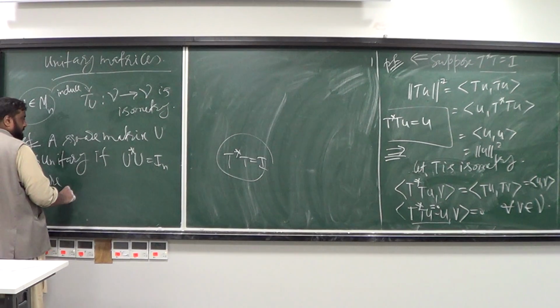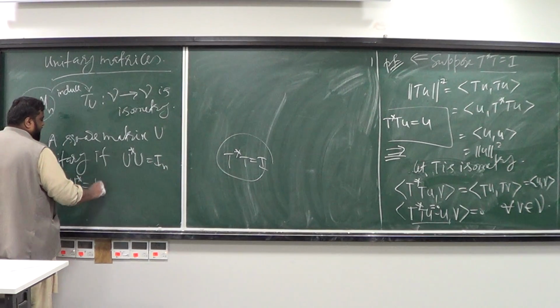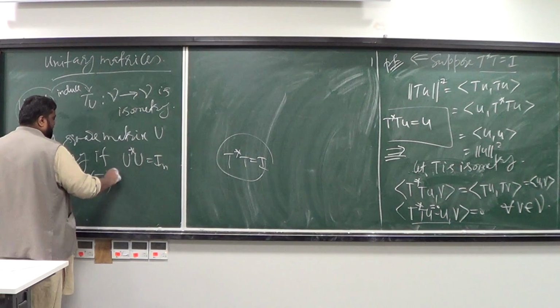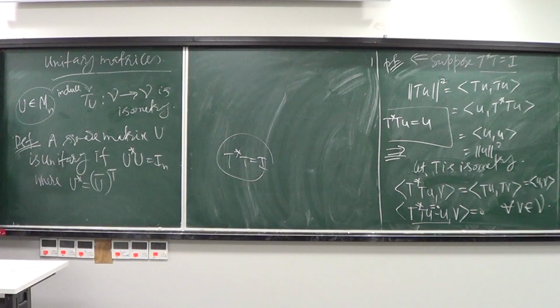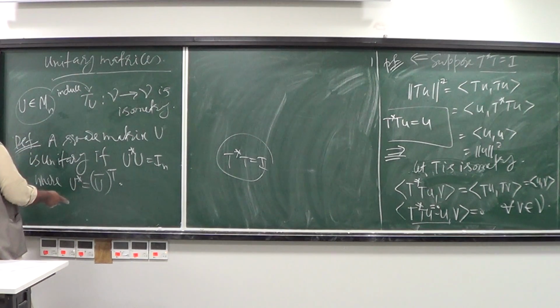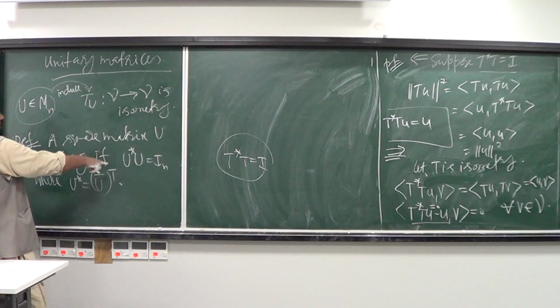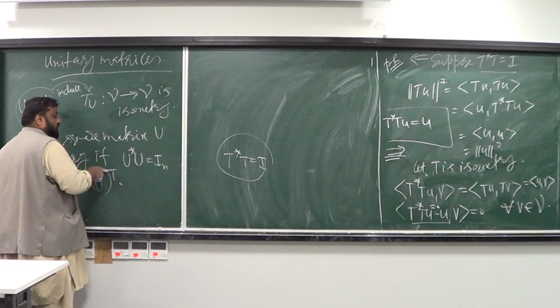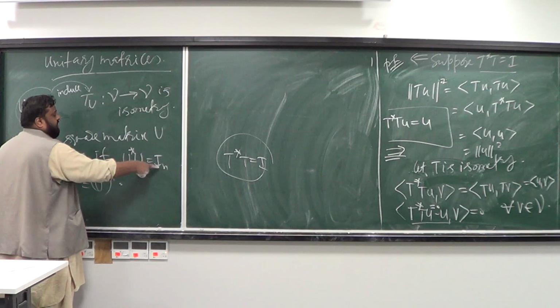Where U star, as we know, is the conjugate transpose. So what's a unitary matrix? It's a matrix U whose conjugate transpose multiplied by U gives you the identity matrix.